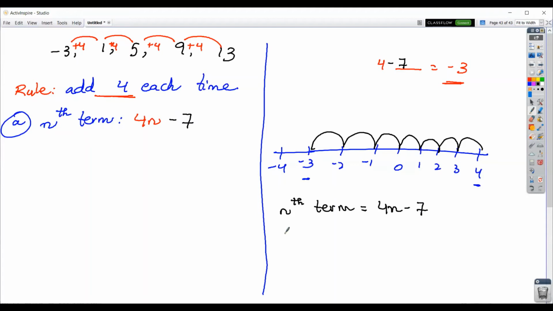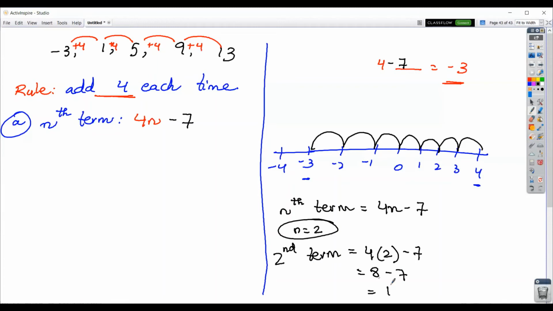Checking the second term, n would be 2, so I replace the n with 2 and follow the operation. 4 times 2 makes 8, and 8 minus 7 gives 1. So the second term of this sequence must be 1. Going back to it, yes, it is 1, which means the nth term formula that we found is correct.